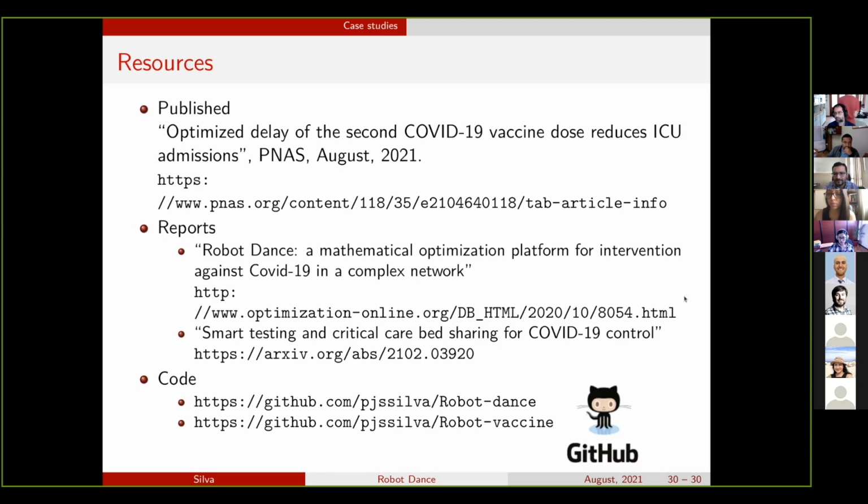This is only one possible objective. If you want to use that in real life, you have to talk to your decision maker and ask what is the real objective that he has. Because this is actually a sad objective in some sense, because what we're saying is that people can get sick. There is only one constraint, which is that you cannot saturate your health system, but people can get as sick as you want.